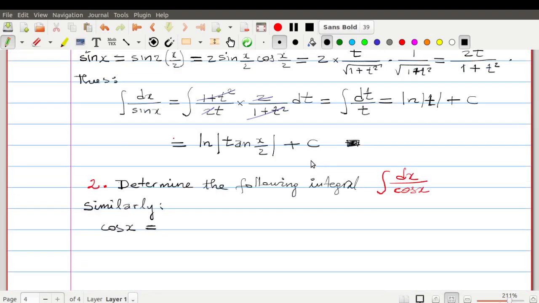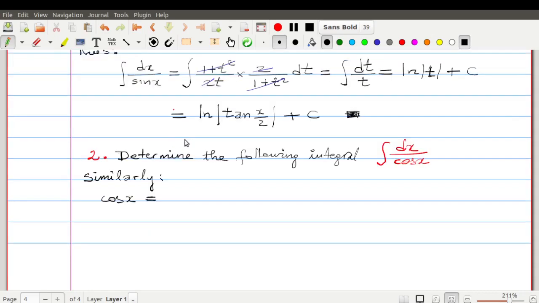There are many ways to express that. I can write cosine x as cosine 2 into x by 2, and for the cosine of a double angle, there are many formulas.